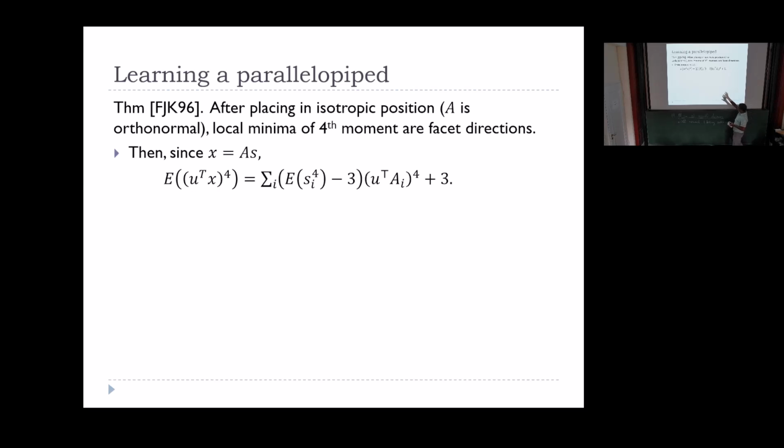Now, if you believe this formula, which I will derive here so that you believe me, then you'll notice that as long as the fourth moments are not equal to 3, those directions are the only possible minima or maxima, because this is a fourth power. If that had been a second power, of course, anything with equal coefficients would work. But with a fourth power, the extrema will have to be the a_i, no option.